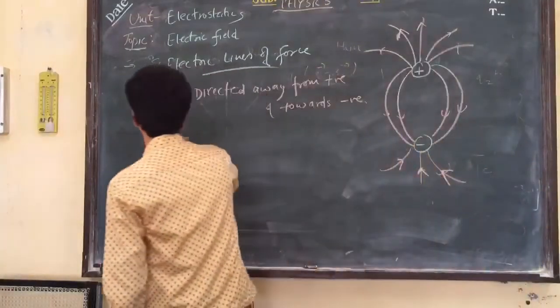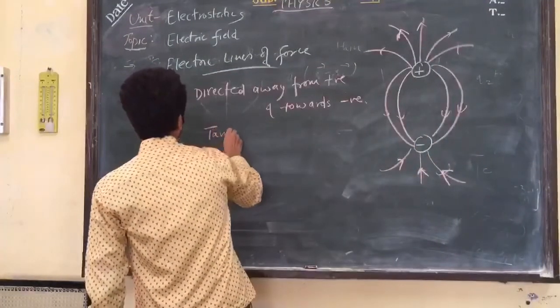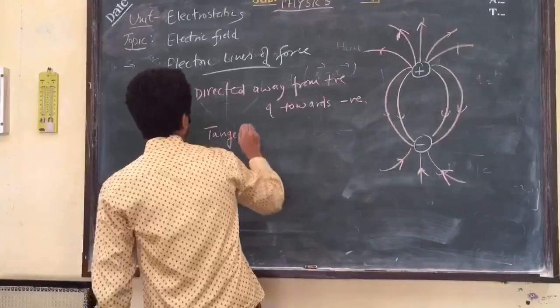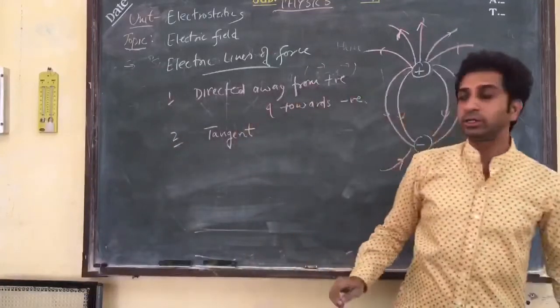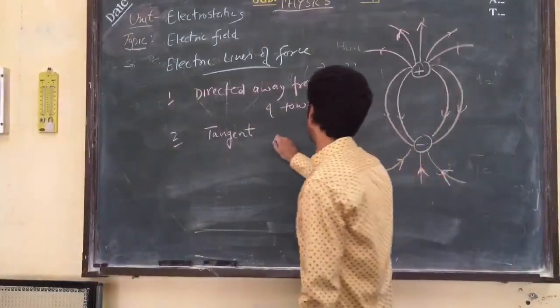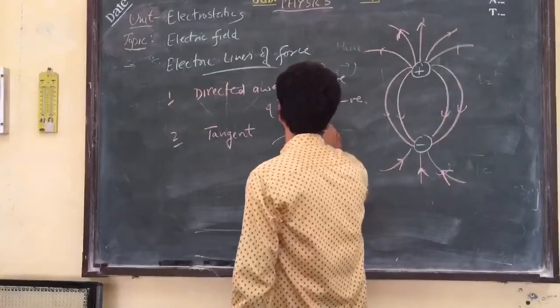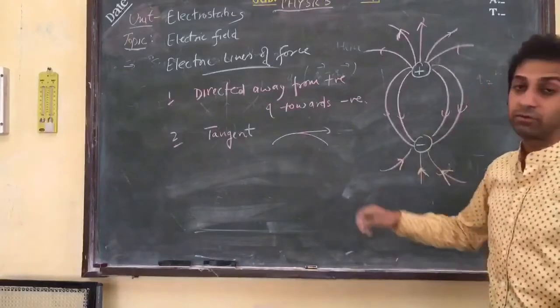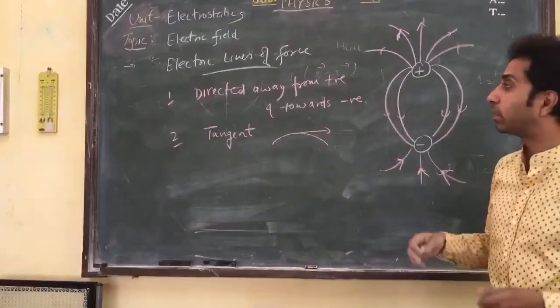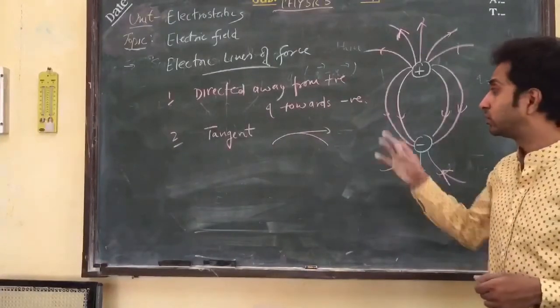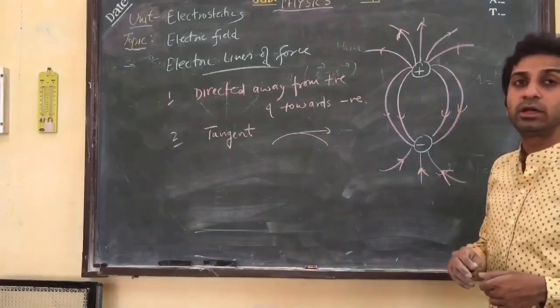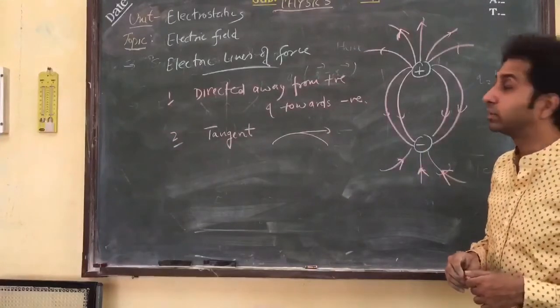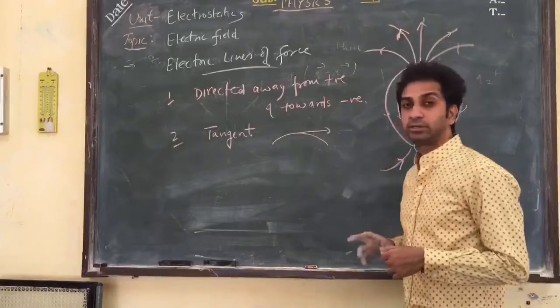And second point, if you draw a tangent to the electric field line, then it will give the direction of the electric field at a particular point. So this is the significance of why we are plotting the electric lines of force. The tangent you are drawing to the electric line of force will give the direction of the electric field, right?